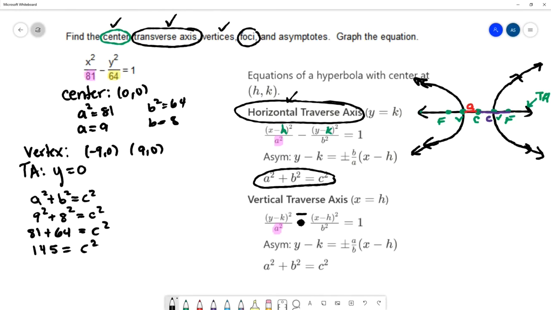Now, is that a nice square root? No. So C is equal to the square root of 145.